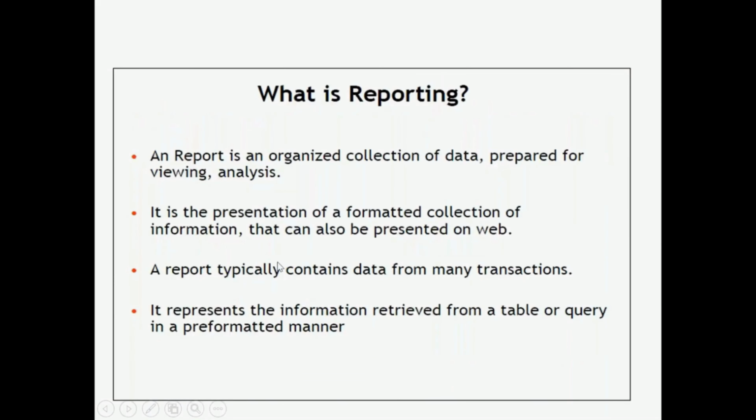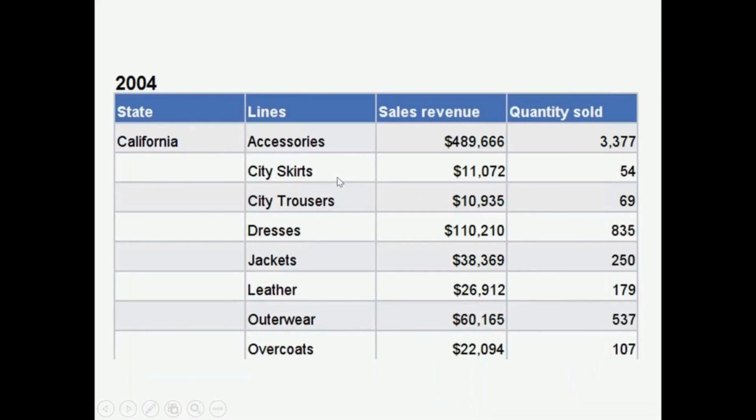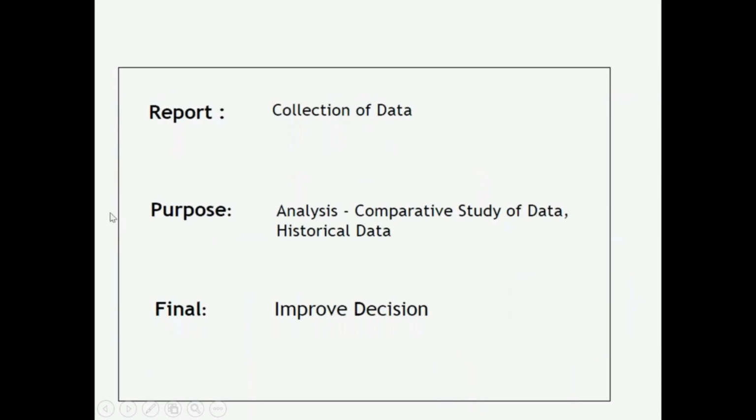So what is reporting? A report is an organized collection of data prepared for viewing and analysis. The purpose of the report is, as I already told you, that the end user is going to analyze their data and study it with the historical information. Finally, they are going to take the decision to improve the business.